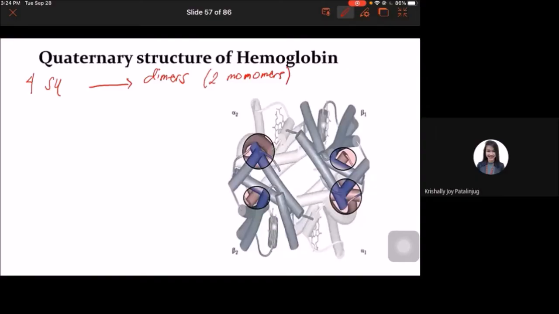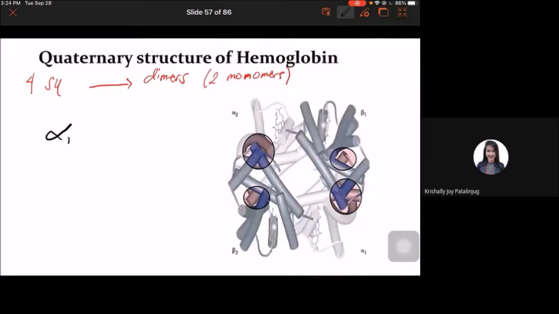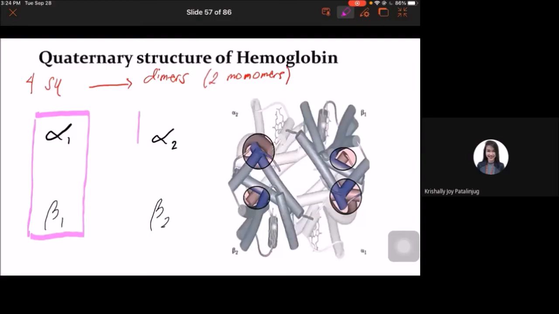How are the four subunits grouped? For example, we have alpha 1, alpha 2, beta 1, and beta 2, because there are two alpha and two beta. So, four subunits. The groupings are as follows: alpha 1 and beta 1 as one dimer, then alpha 2 and beta 2 as another dimer.